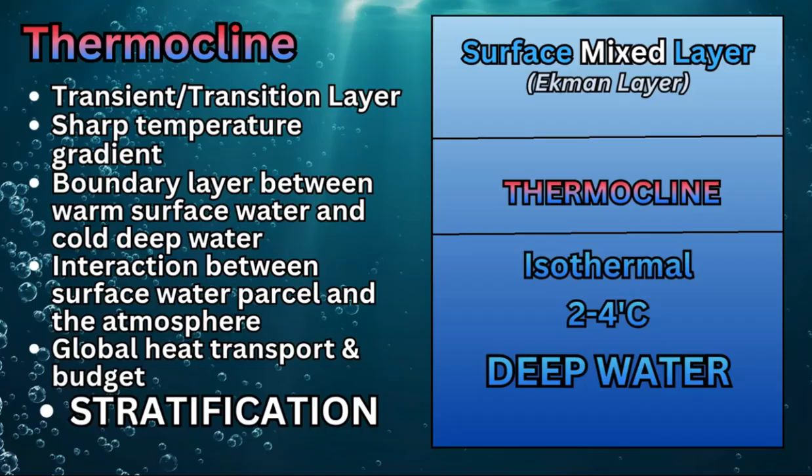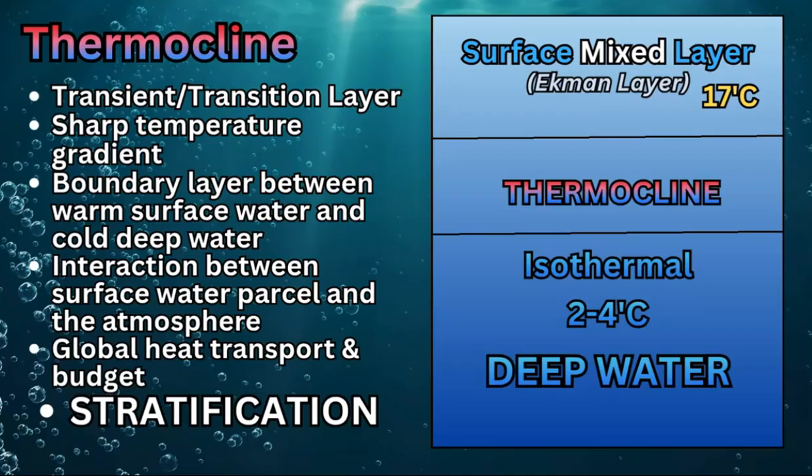Then we have the upper layer, the mixed surface layer, which on average is around 17 degrees Celsius, which is equivalent to 62 degrees Fahrenheit, which again can range where you have colder towards the poles, and around the equatorial oceans you have a much warmer, but on average around 17 degrees.